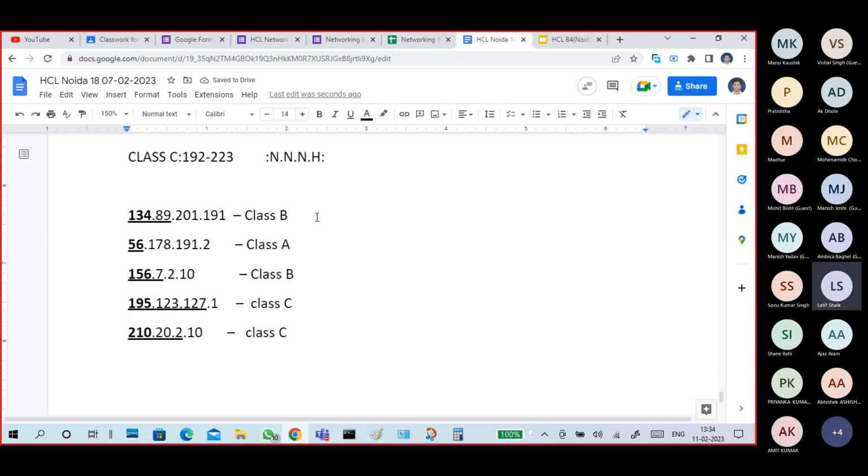So we can write like this: 134.89 is the network portion, and 201.191 is the host portion. Here it is, 56 is your network portion. 178.191.